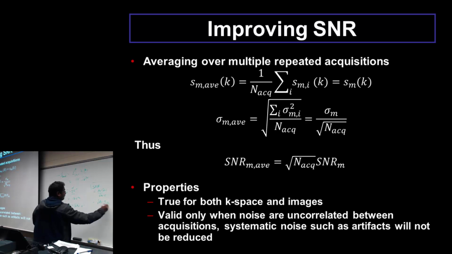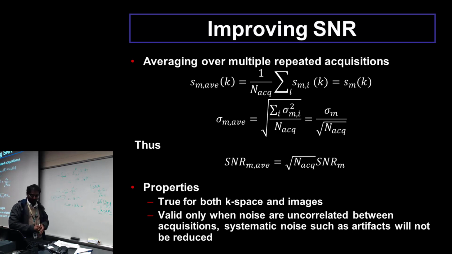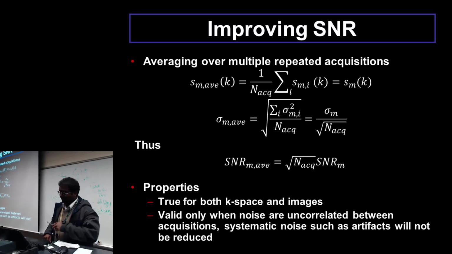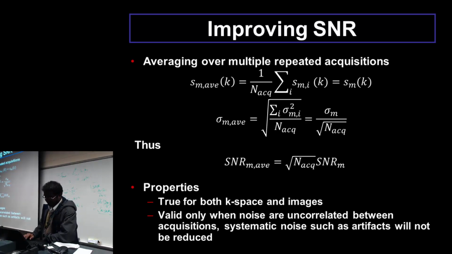S of k by sigma is your original SNR with one measurement. So with n measurements, your SNR is improved by square root of n. In other words, you can say that the noise is reduced by square root of n. That's what we're trying to get at. I think I mistyped that.